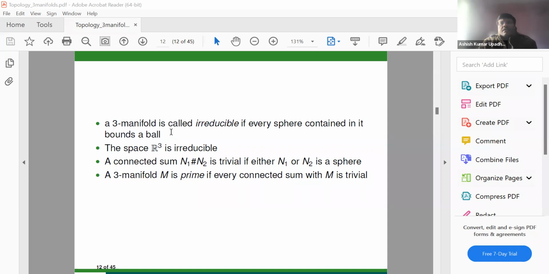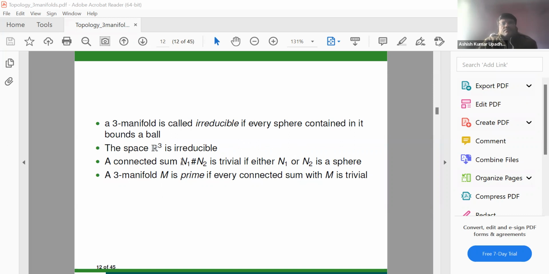That is the situation where we call the manifold irreducible. For example, the Euclidean space R3 is irreducible. Although this requires a proof, you can also visualize that R3 is irreducible.